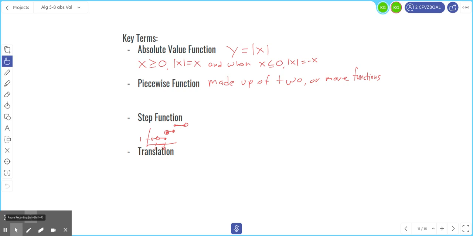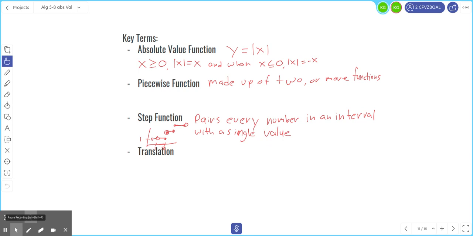So we can say that it pairs every number in an interval with a single value.